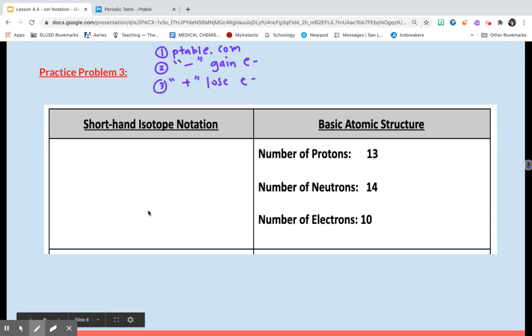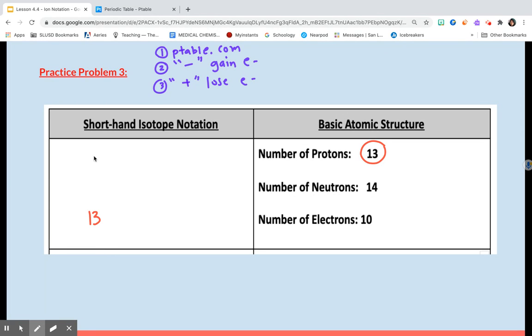All right, so here's another example problem. This time we got 13 protons, 14 neutrons, 10 electrons. How would we write the symbol for that? Well, remember that on the bottom left-hand side is my number of protons. So 13 is going to be my number on the bottom left-hand side.